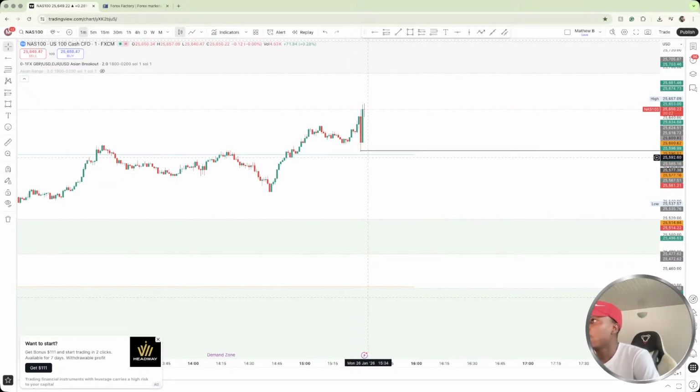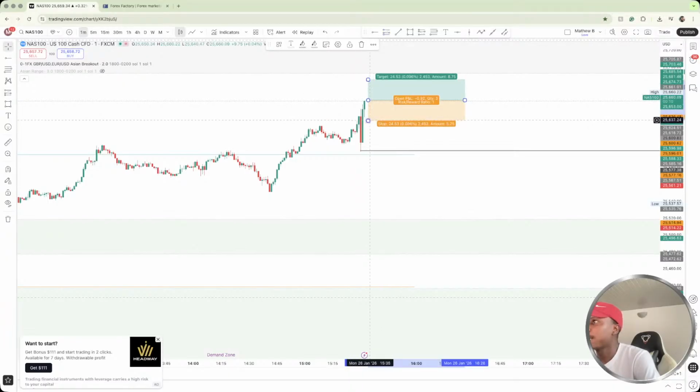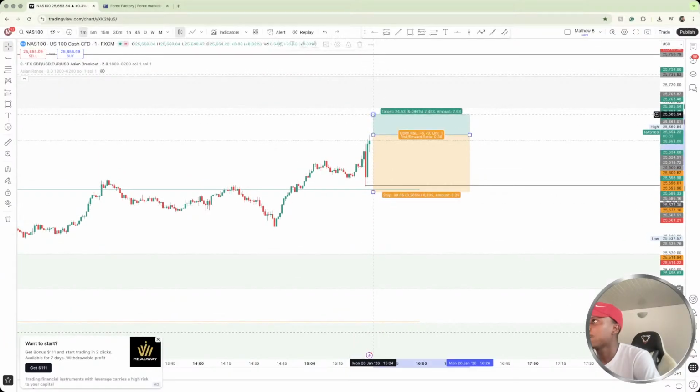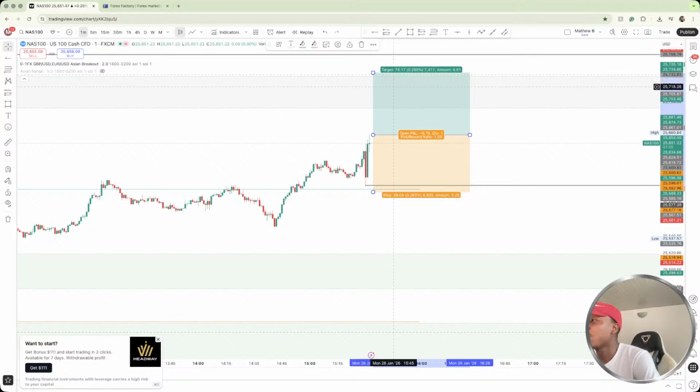We've created a low now, and then maybe we're going to create a high. If you want to scalp NASDAQ, you can put your stop over here where the market open data is, and then your target is going to be a one-to-one risk to reward trade.